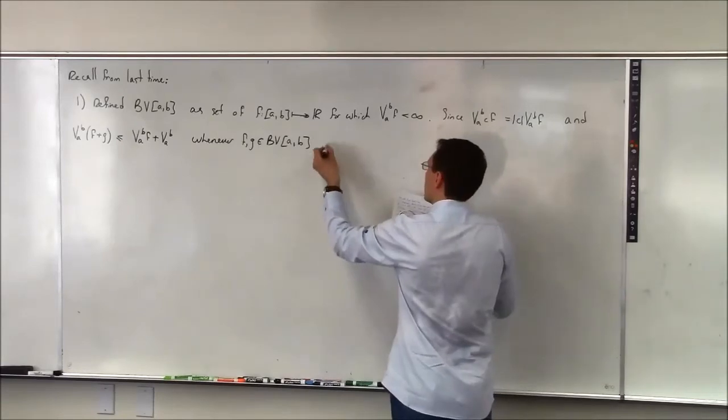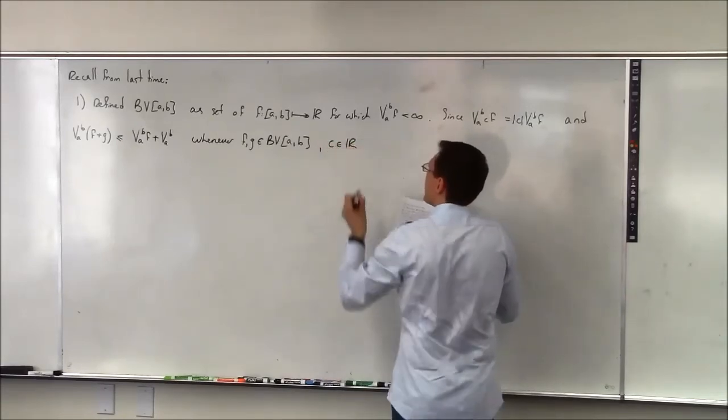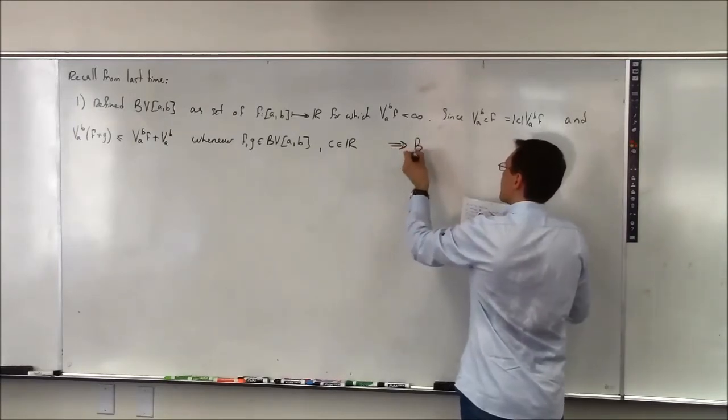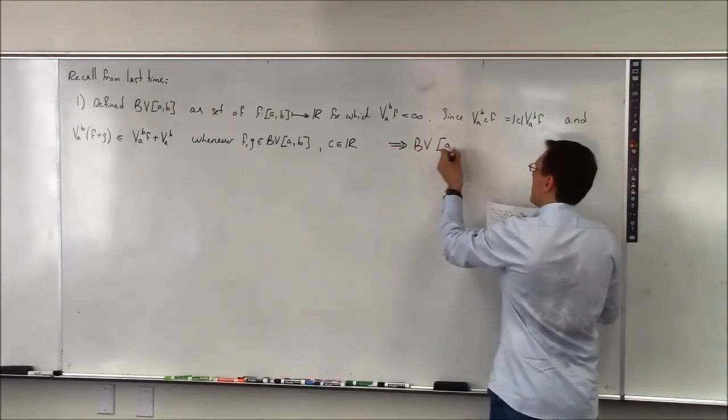My point is that that makes BV a vector space.